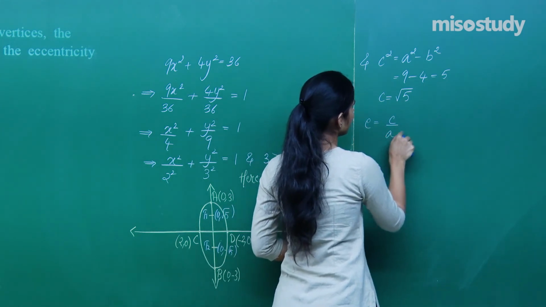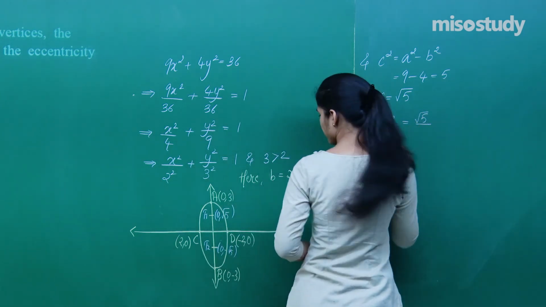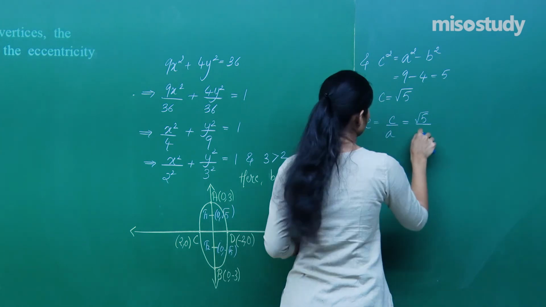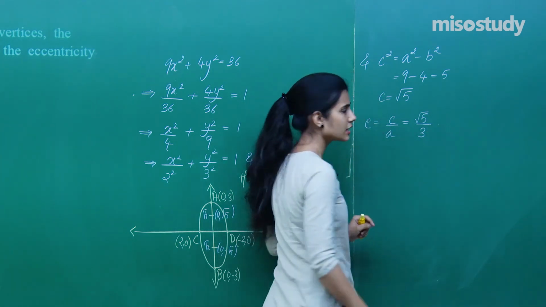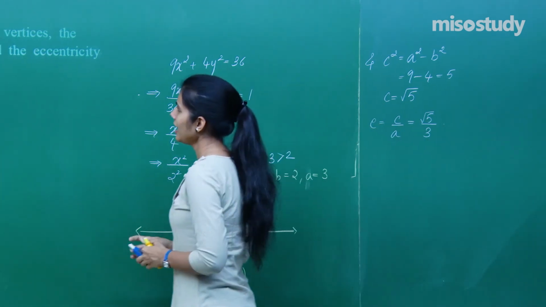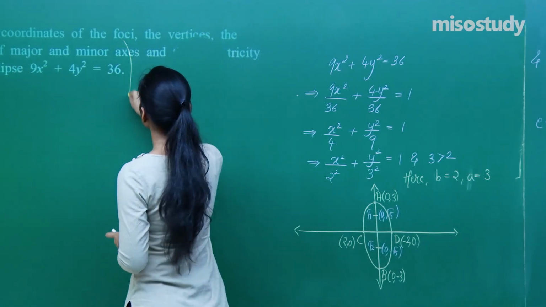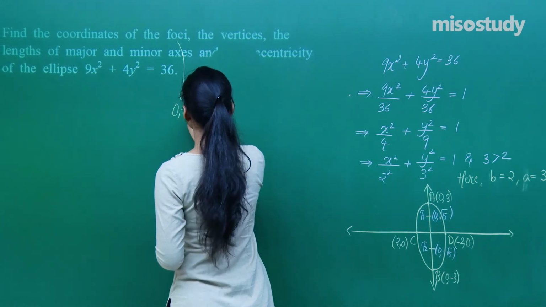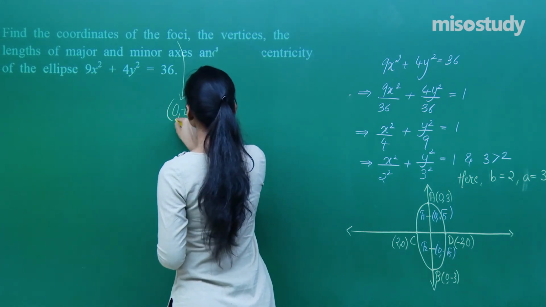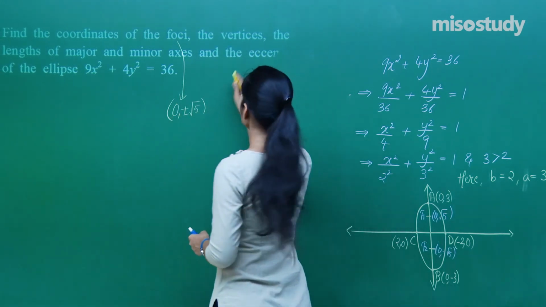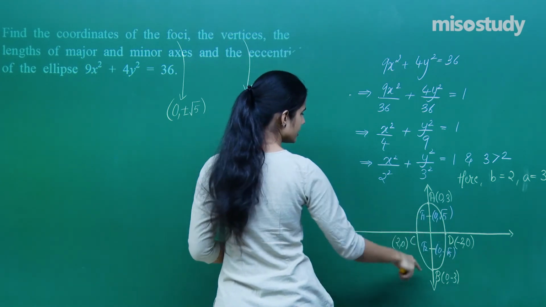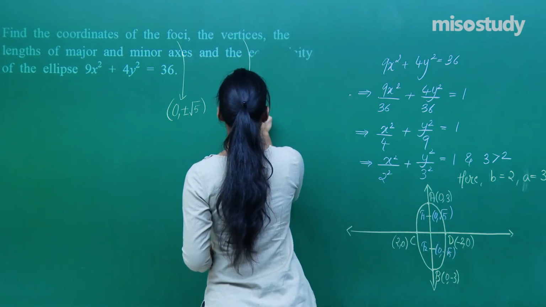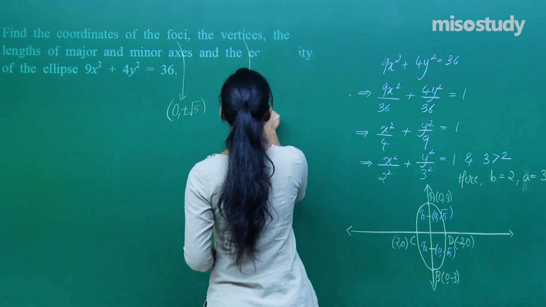Eccentricity is C by A, which is root 5 by 3. So I have the coordinates of the foci as (0, plus minus root 5). I have the coordinates of the vertices as (0, plus minus 3).